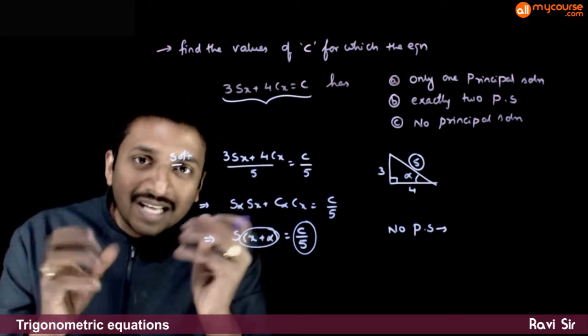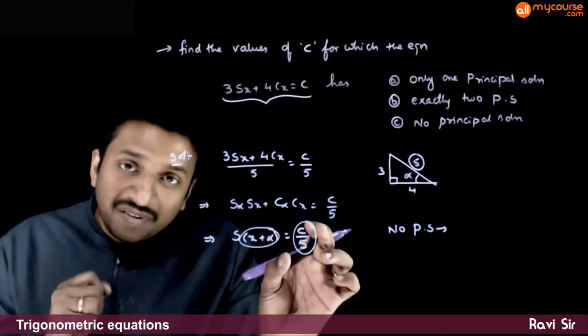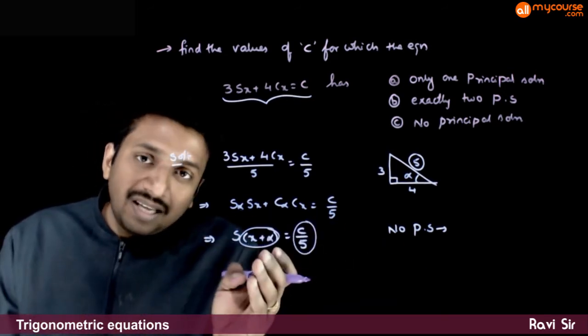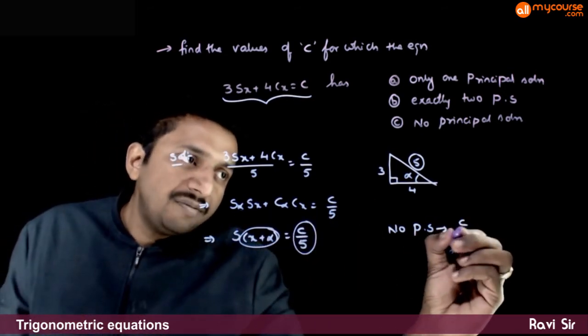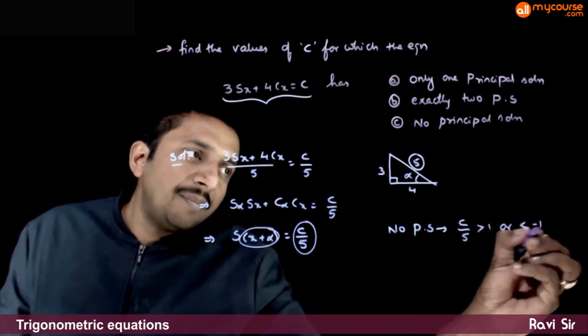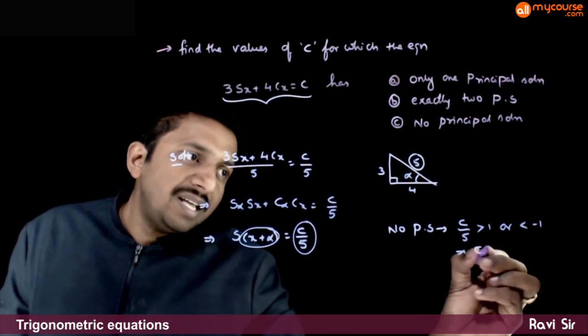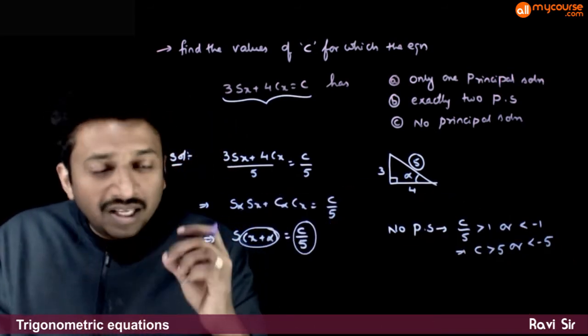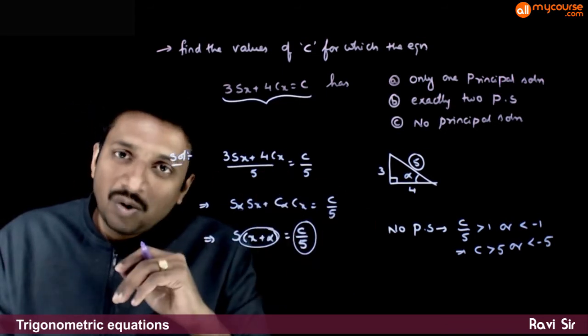But if this number is more than 1, you won't have a solution. So this equation does not have principal solutions if c by 5 is greater than 1 or less than minus 1. That means c is either greater than 5 or less than minus 5. In these two cases, you have no principal solutions.